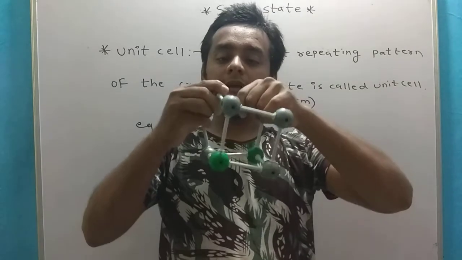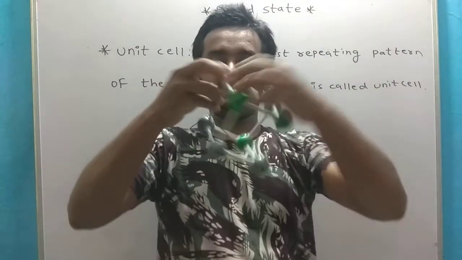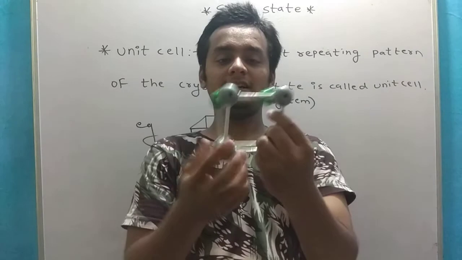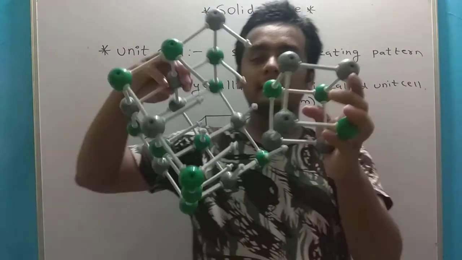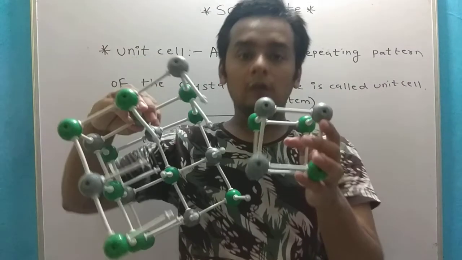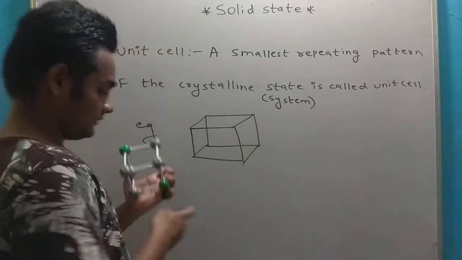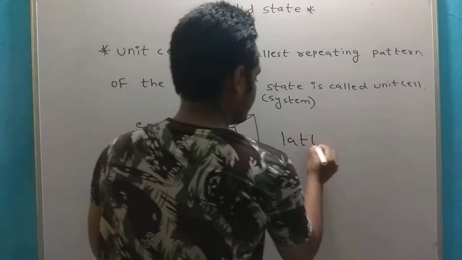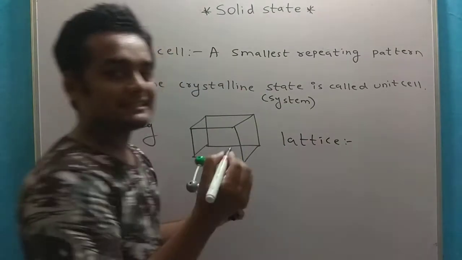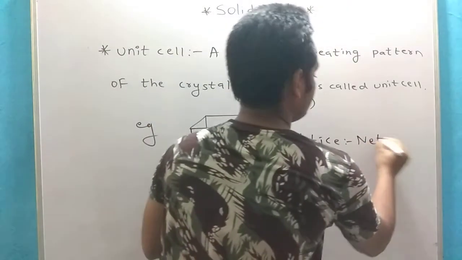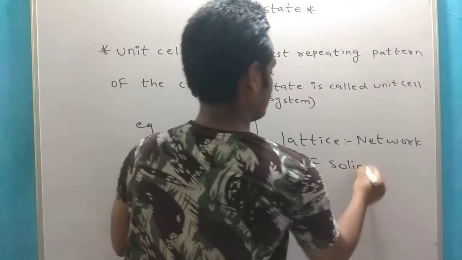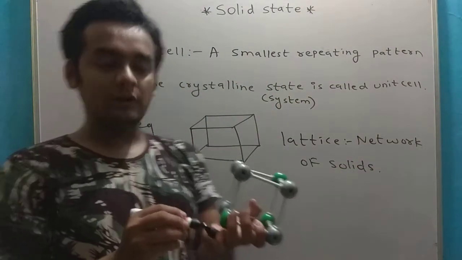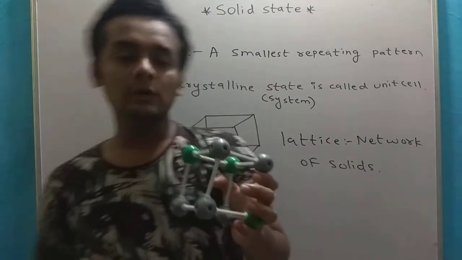This is our one unit cell. This is one single unit cell. And if I fit it inside the others, it is called a lattice. What is the meaning of lattice? Lattice means network of solids.